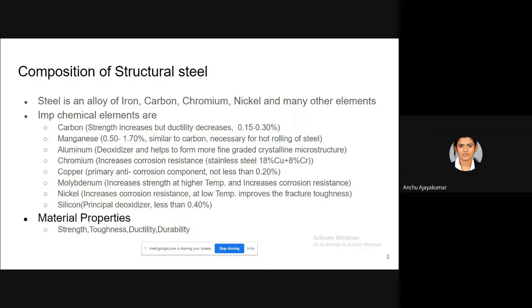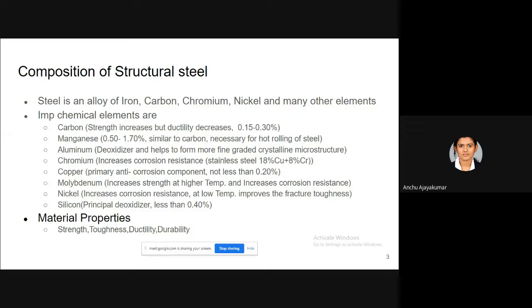Ductility can be defined as the measure of the degree to which a material can be strained or elongated between the yield point and the fracture point under tensile loading. So from the yield point to the fracture point, how much elongation it can take under the action of load, that is the definition of ductility.